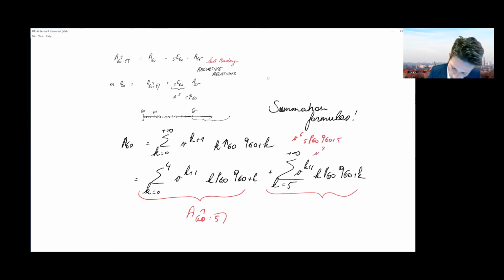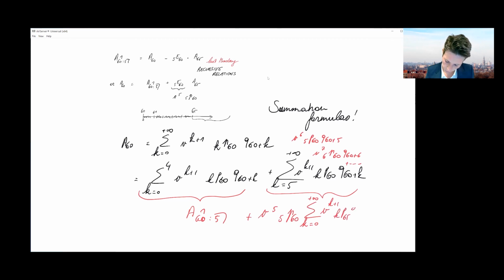The second term is v to the power 7, and then you would have 6p60 q60 plus 6, and so on, right? So I can put in front v to the power 5 times 5p60. And I'm left with a sum for k starting from 0 to plus infinity of v to the power k plus 1 times kp65 q65 plus k.